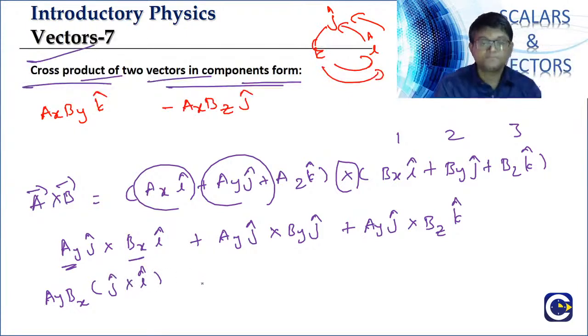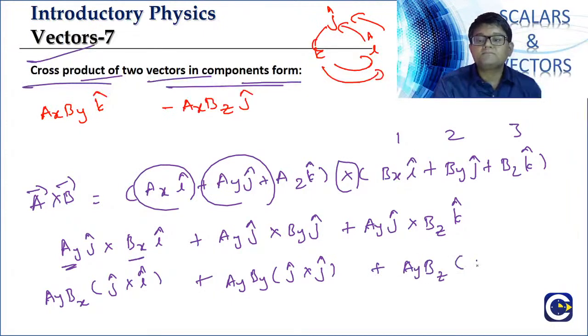j cross i, ay by j cross j, ay bz j cross k. What is j cross i? Remember, i cross j is k.